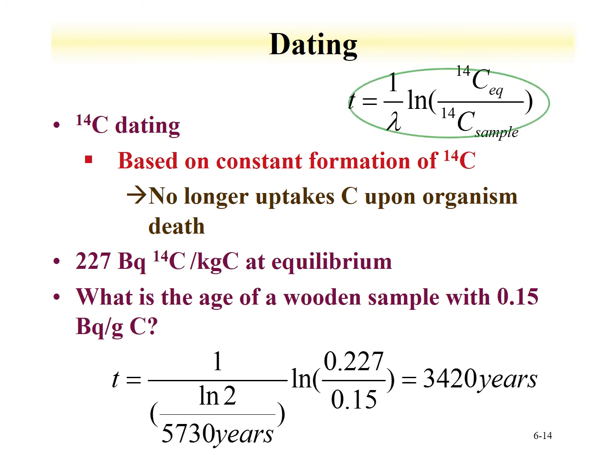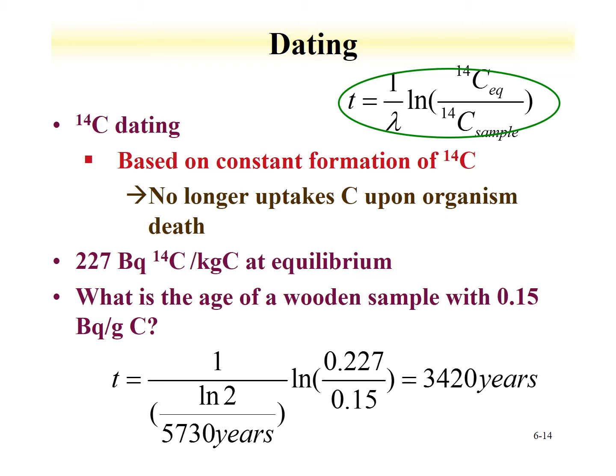We utilize this fundamental equation where in the sample we get some sort of relative amount of carbon-14, and we compare that to the equilibrium amount. At equilibrium, there's 227 becquerel of carbon-14 per kilogram of carbon.